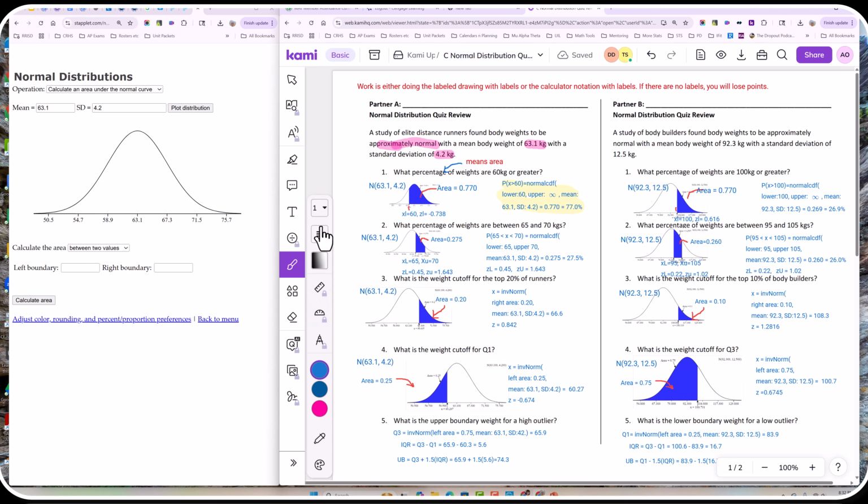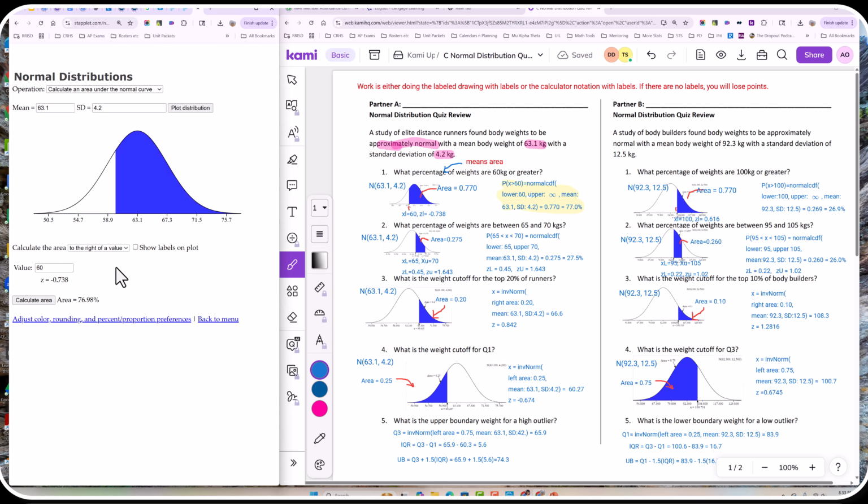Okay, so percentage means area, and I have calculate an area right there, so I'm on the right thing. And 60 kilograms or greater, so I'm going to the right of a value and I put in 60. Calculate the area, show the labels on the plot, and you can see that the answer is 76.98.